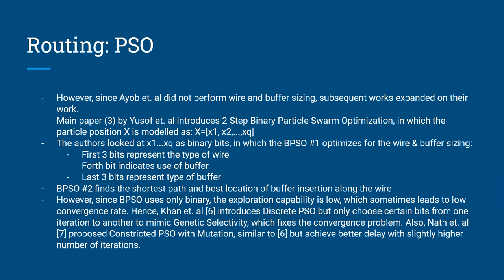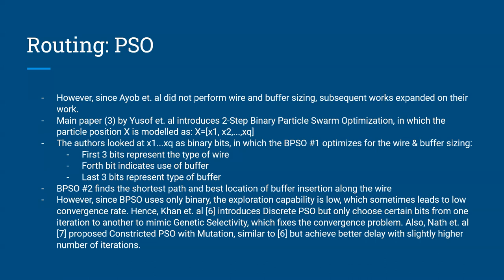The author looked at x1 to xq as binary bits in which the first BPSO optimized for the wire and buffer sizing. The first 3 bits represent the type of wire, the fourth bit indicates the use of a buffer, and the last 3 bits represent the type of buffer. And then the second BPSO finds the shortest path and the best location of buffer insertion along the wire.